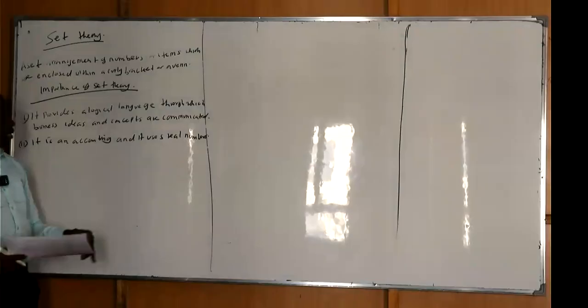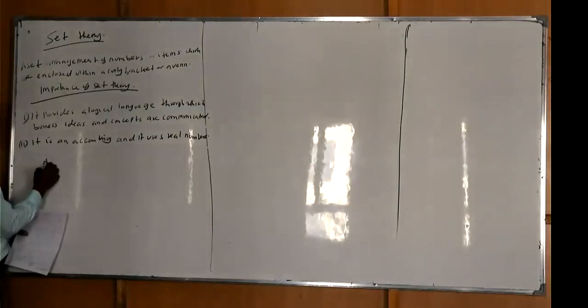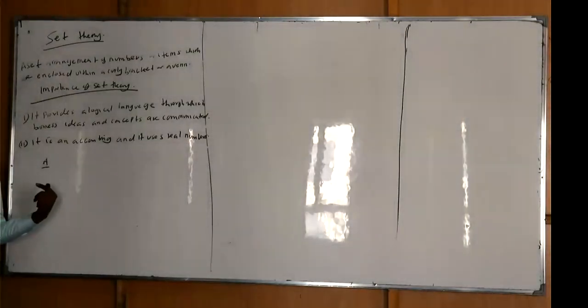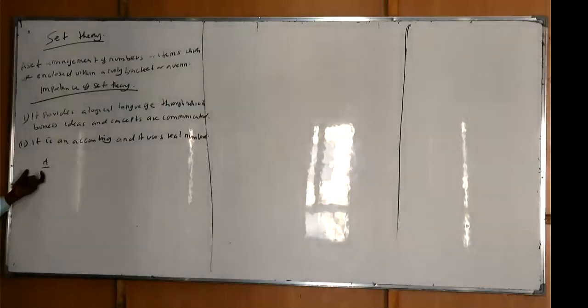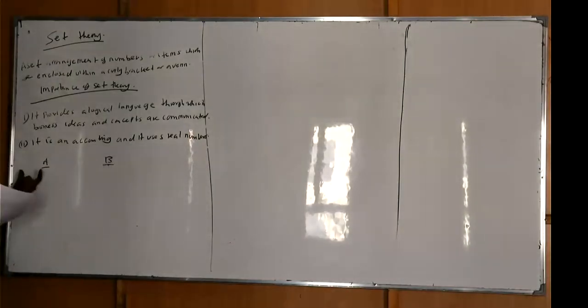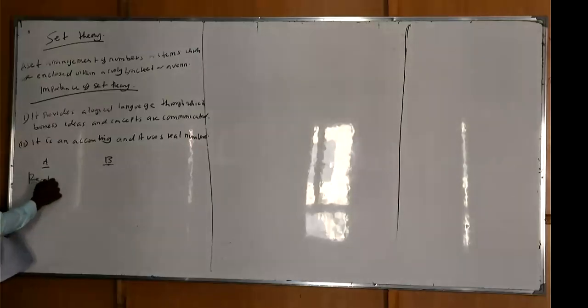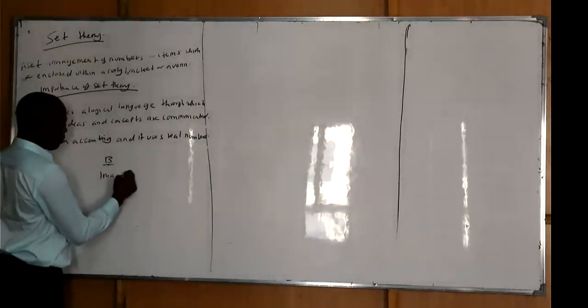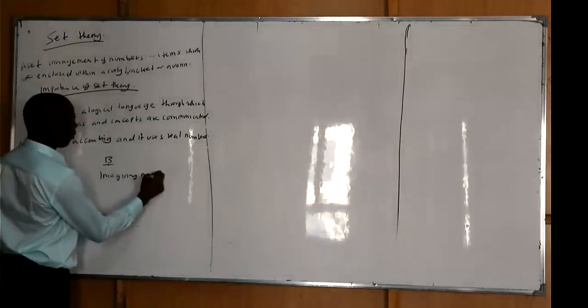Now let me give you an example. In short, set theory is part of probability theory. In probability, we want to estimate the probability of something happening. So you have two items, A and B. For A, you have used real numbers from the ground. For B, you have used imaginary numbers or figures.